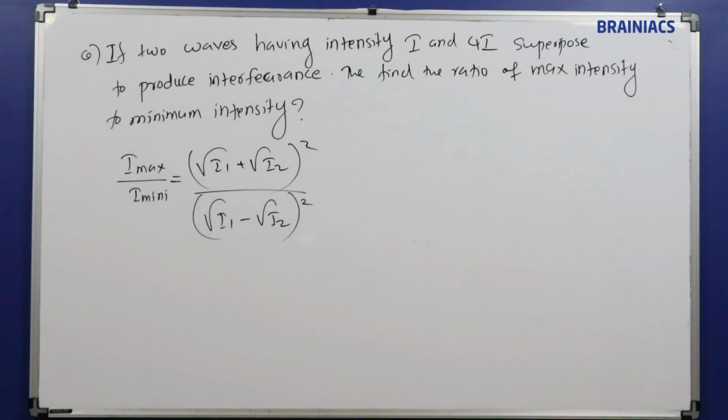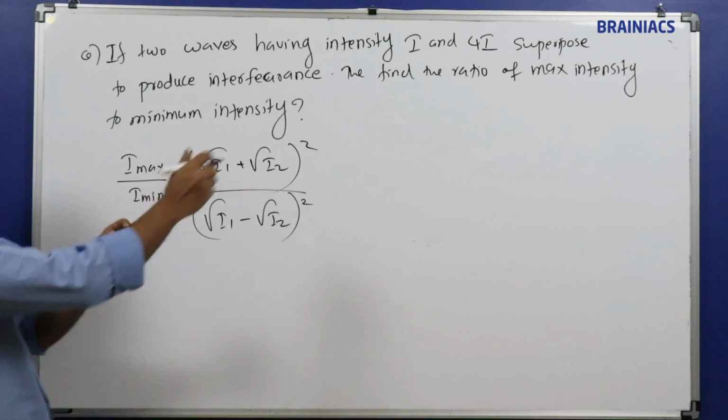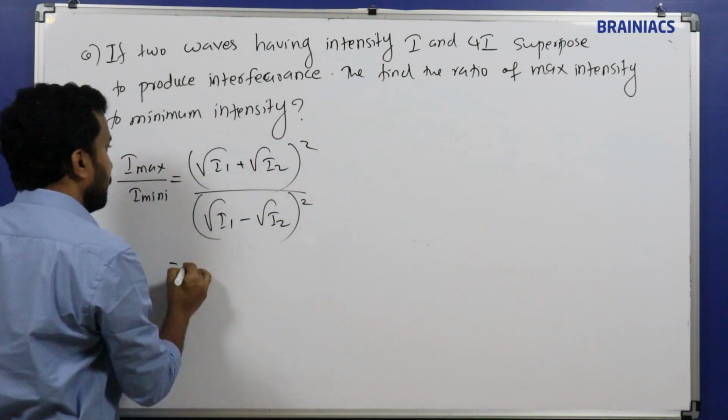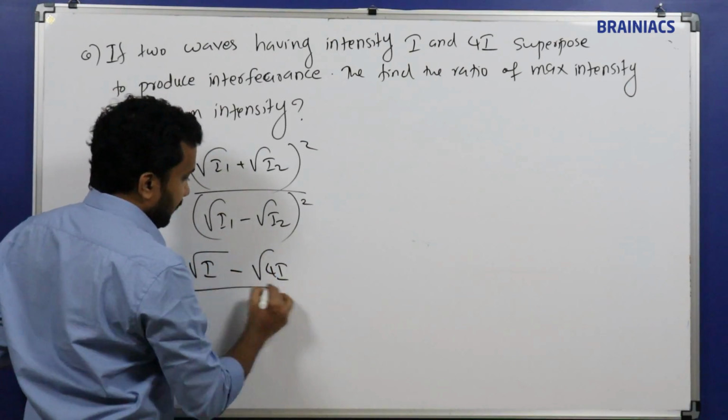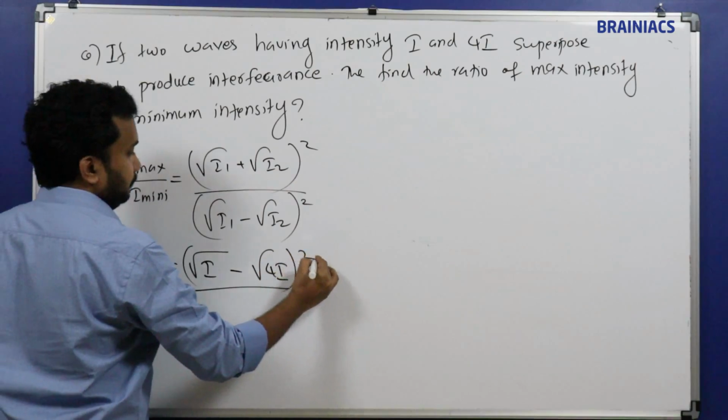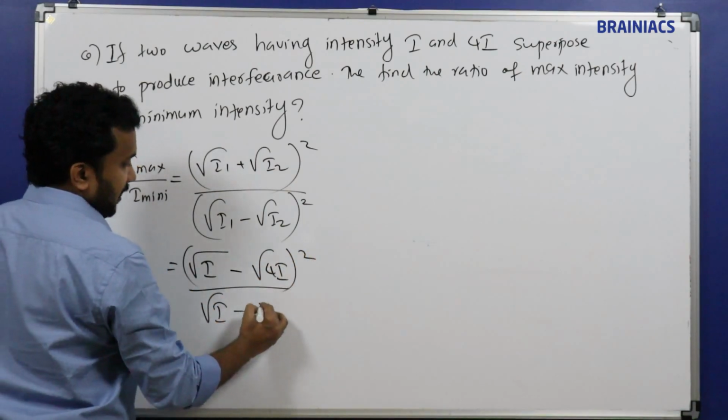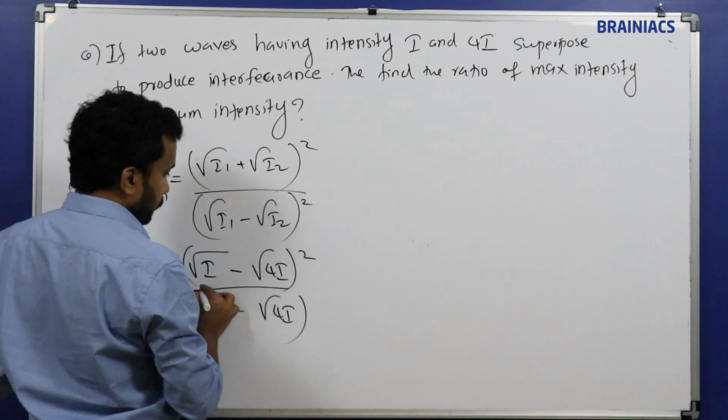The intensities of the two waves are given, I1 and I2. Correct? So we'll substitute I1 as I and I2 as 4I. So what will we get? Root I plus root 4I the whole square divided by root I minus root 4I the whole square.